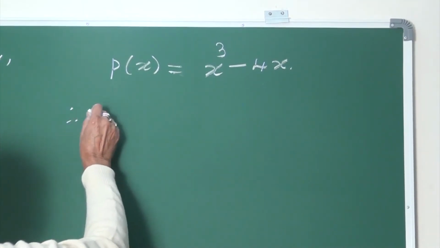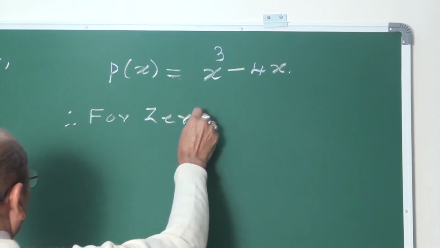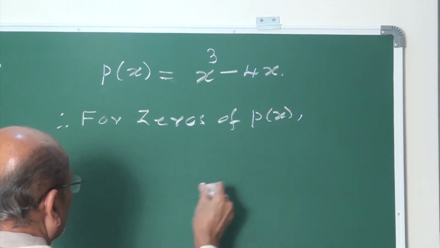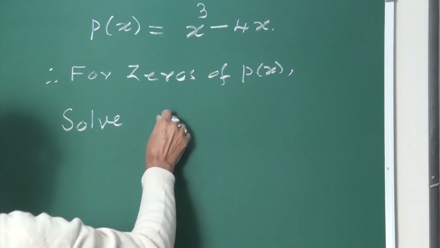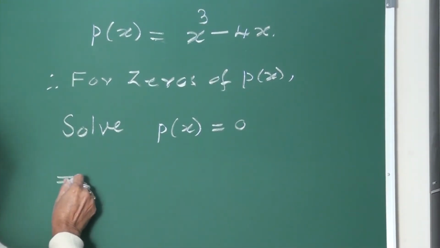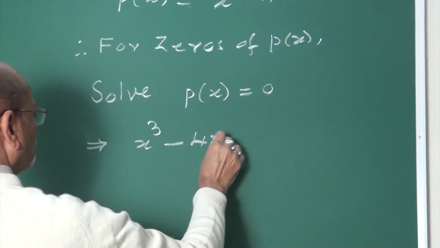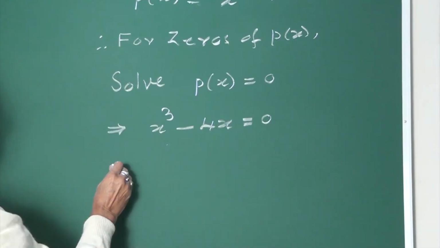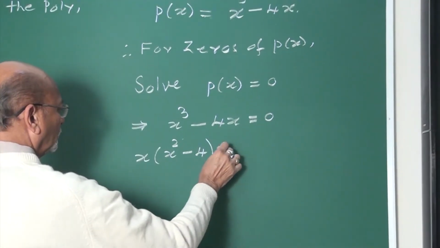To find the zeros of p(x), solve the equation p(x) equal to 0. This gives x cube minus 4x equal to 0. You know how to find the values of x. x is common: x(x square minus 4) equal to 0.